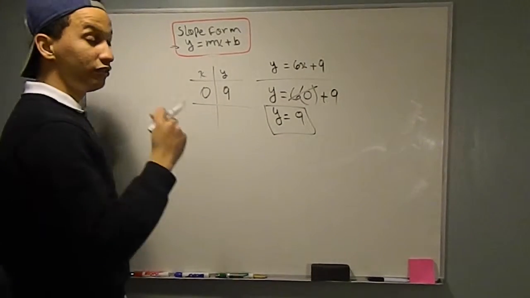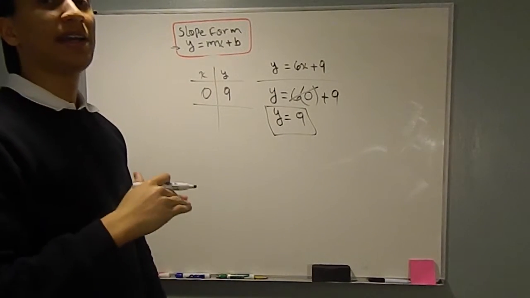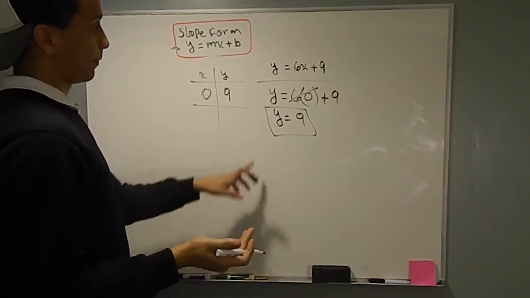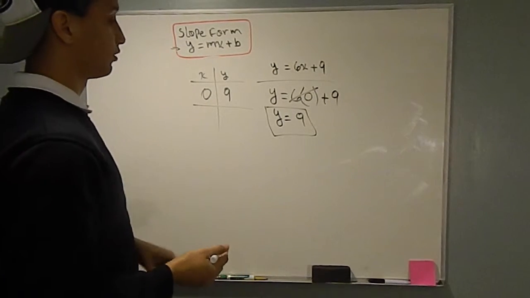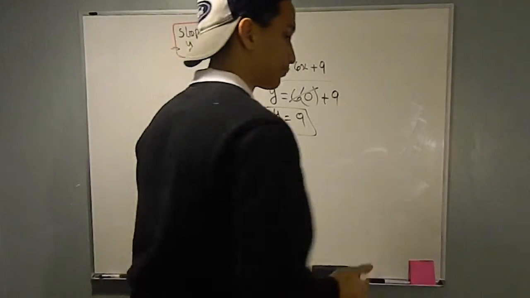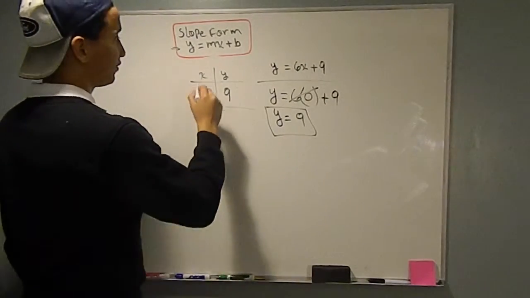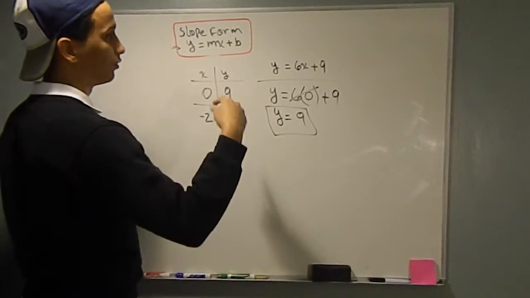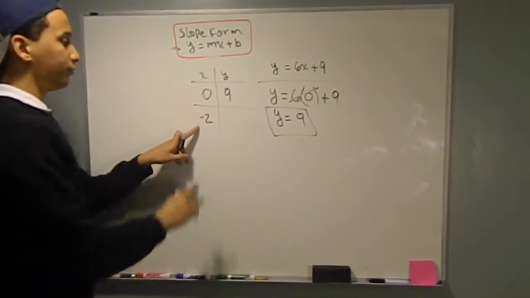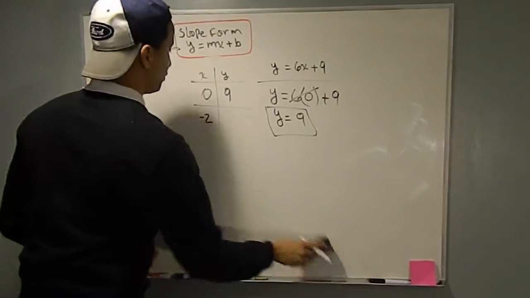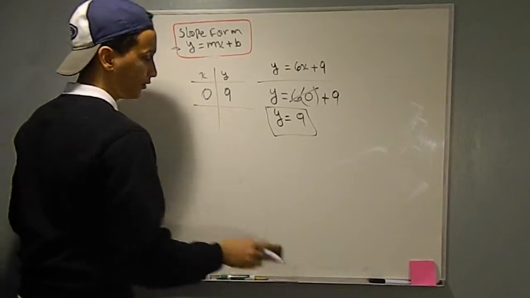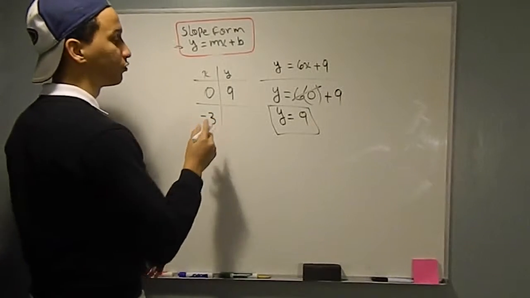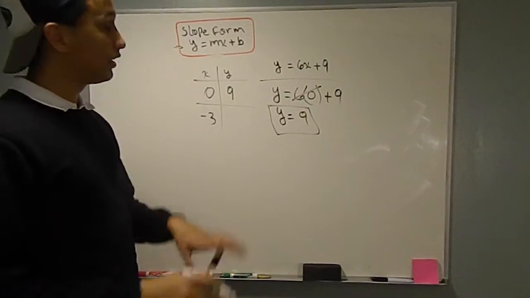Because we need 2 points in order for us to graph a linear equation, we now need to ask ourselves for another point. So I'm gonna say when x is -2, what is y? Actually, I'm gonna change this number because in my last video I used the same 2 numbers. So now I'm gonna use -3 just to prove to you that you can use whatever number you want.